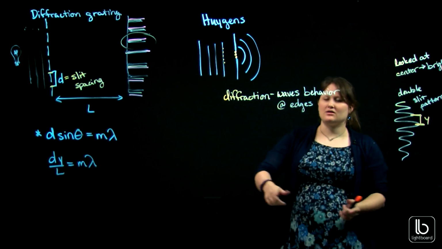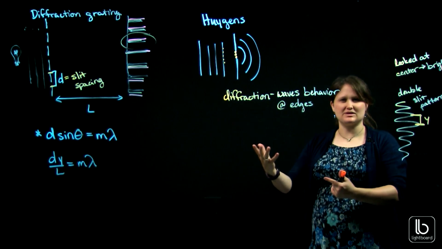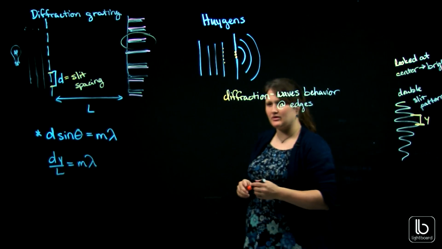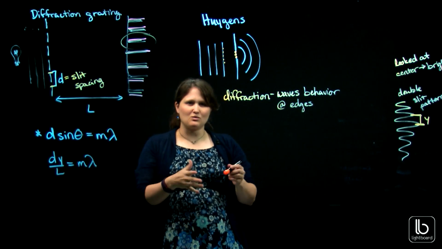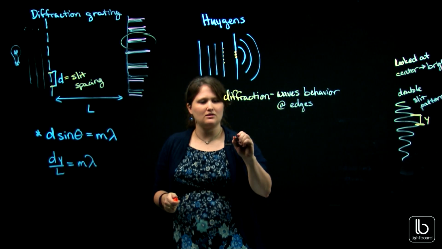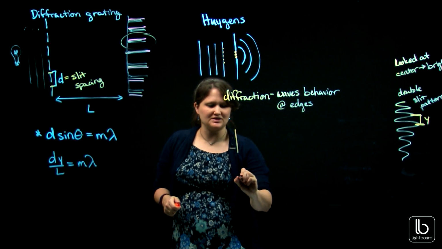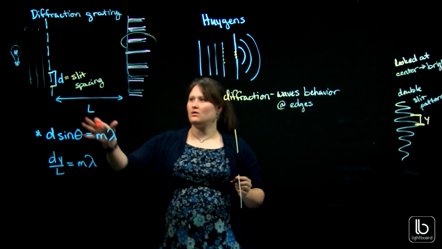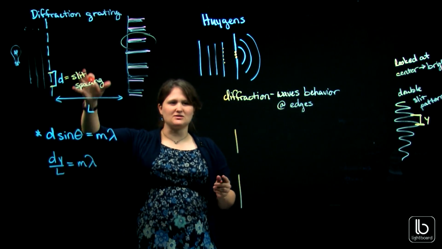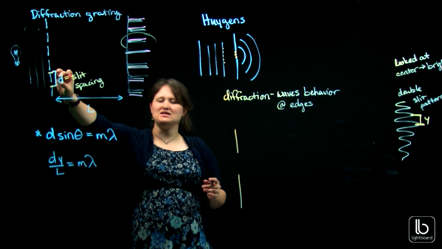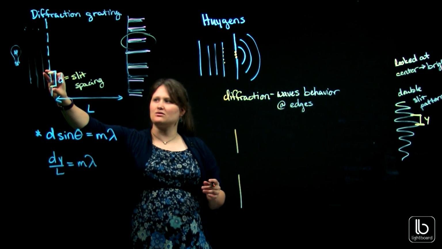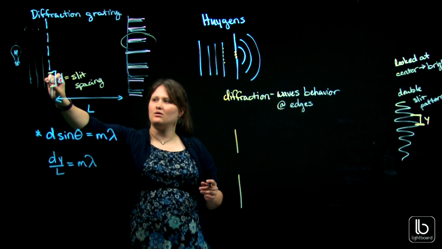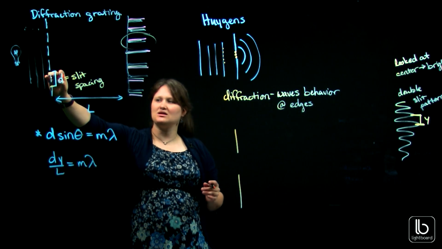What we're going to look at with a single slit is a little bit different. So again, we're looking at the edges. So I have my single slit, and with my double slit, with my diffraction grating, D is my slit spacing, so the distance from one edge to the next edge.